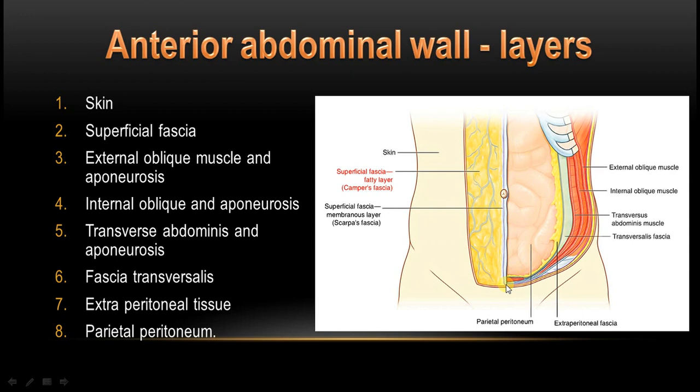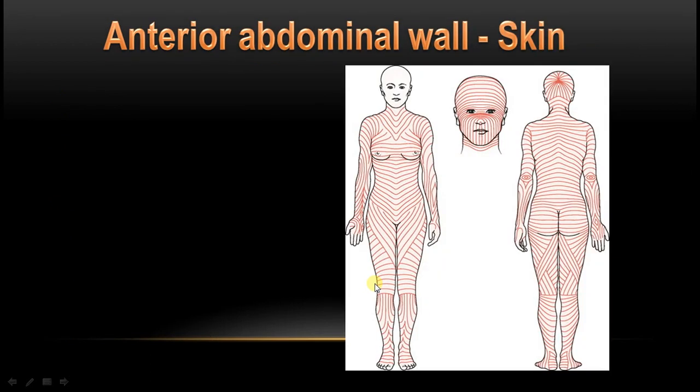Along the linea alba the layers are reduced to 6 instead of 8 layers, because of fusion of certain structures. We will come to it again after some time. So mainly the anterior abdominal wall is made up of 8 layers. We will see in detail about each layer one by one.